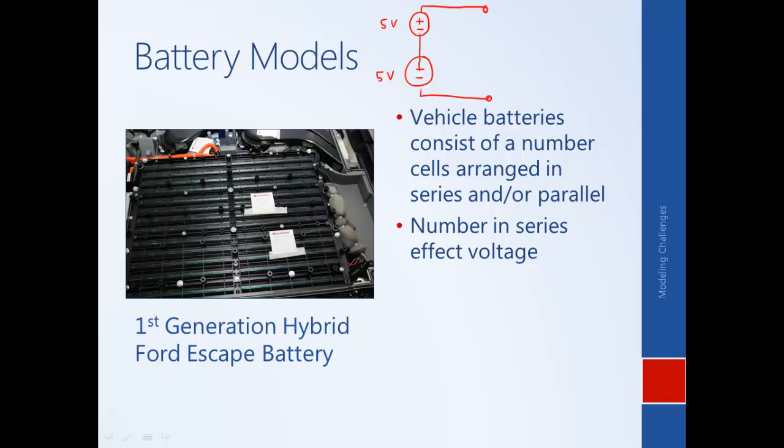Recall that voltage is a potential difference. So if we start at ground, the first cell will bump us up 5 volts, and then the second cell will bump us up an additional 5 volts. So the total difference across both cells is 10 volts.